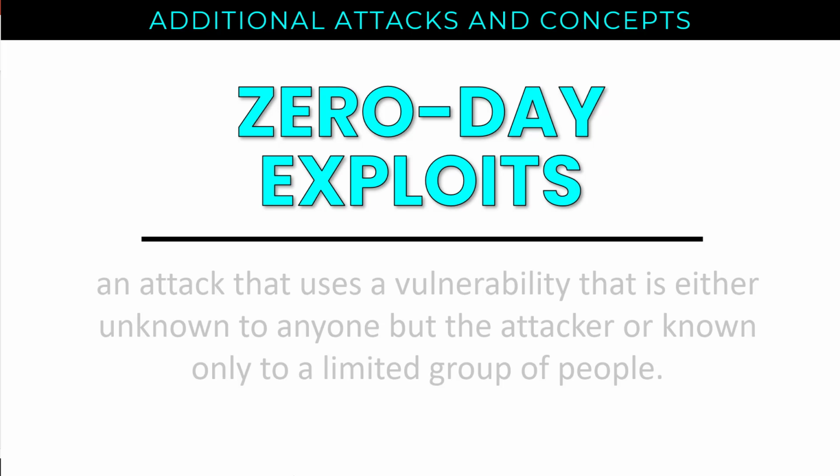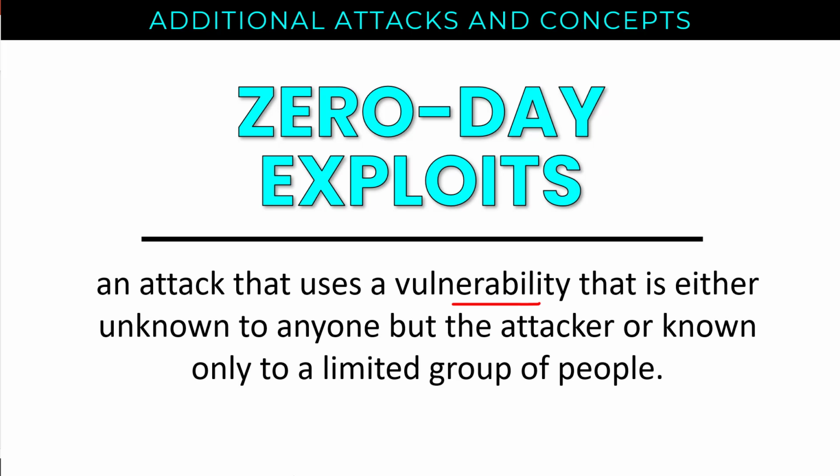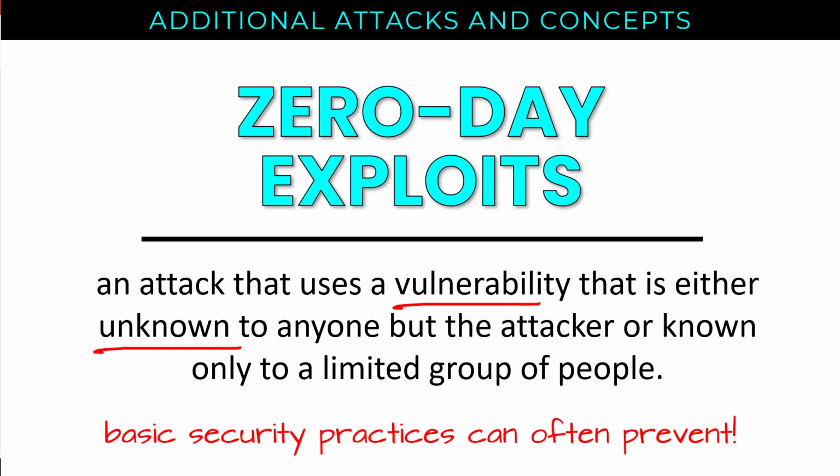Zero-day exploit. That's an attack that uses a vulnerability that's either unknown to anyone but the attacker, or only to a limited group of people. So really basic security practices can often prevent these.